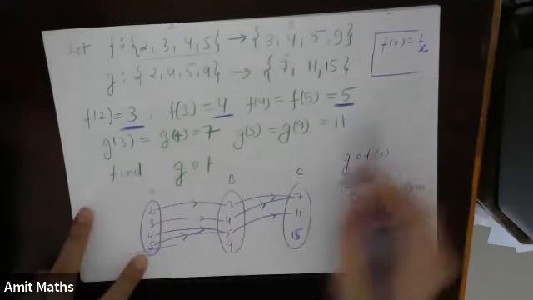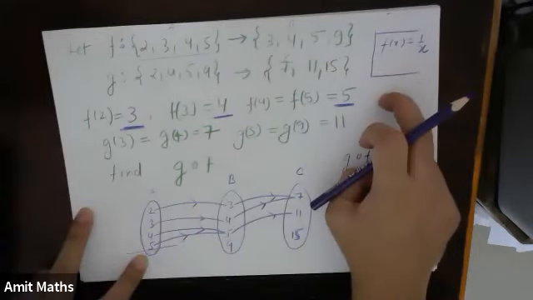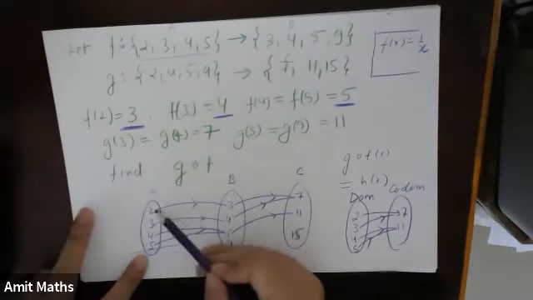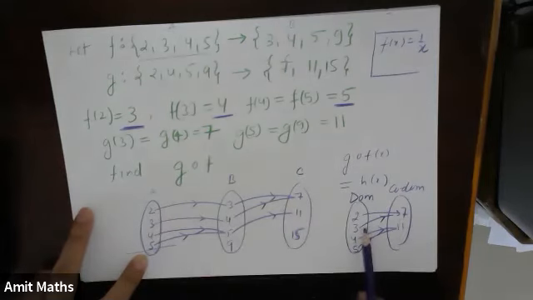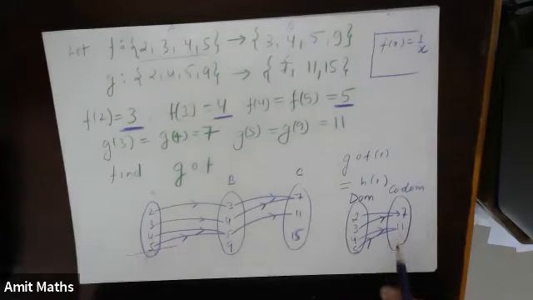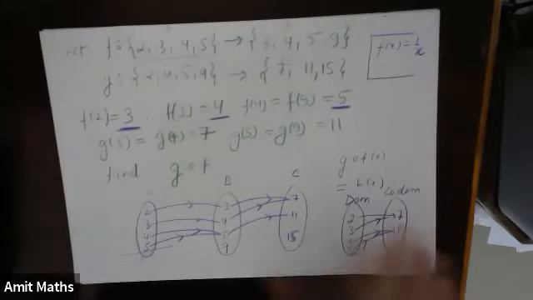So what is happening? When we take it as a function, we can only take inputs as 2, 3, 4, 5. 2 will give you output 7, 3 will give you output 7, 4 will give you output 11 and 5 will give you output 11. Understood? Okay. Fine. So just look at it once again.